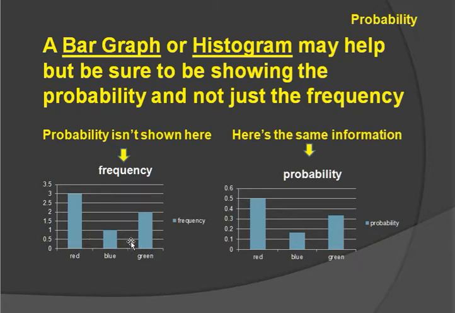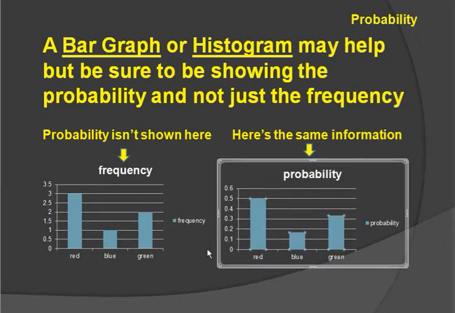This is just a bar graph here. But this obviously could not be a probability graph because you've got a 3 and a 1 and a 2, and that obviously adds up to more than 1. So the probability graph that you see, if you would add up the probabilities, you would see that total is 1.